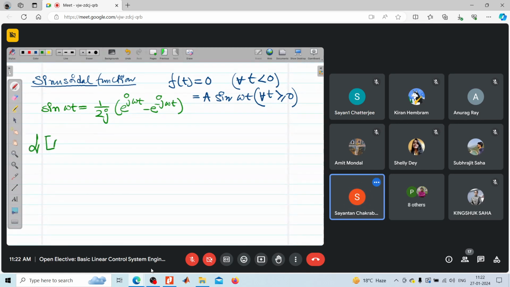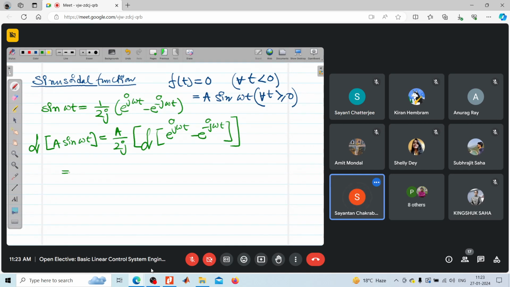So Laplace of a sine omega t will be, since a by 2j is a constant, it will come out, and then it will be Laplace of e to the j omega t minus e to the minus j omega t.